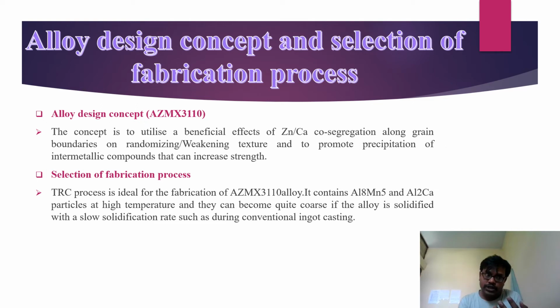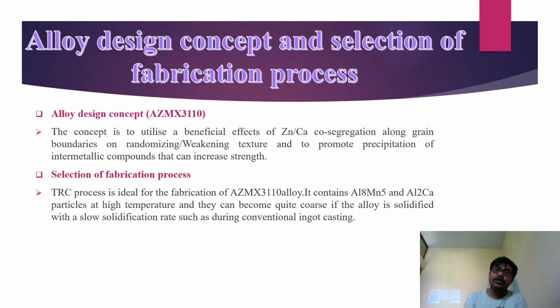So the authors utilized the beneficial effect of the zinc and calcium segregation along the grain boundary, and also the effect of the intermetallic compound. Intermetallic compound formation inside the grain will improve the yield strength of the material, whereas the zinc and calcium segregation along the grain boundaries will improve the formability.